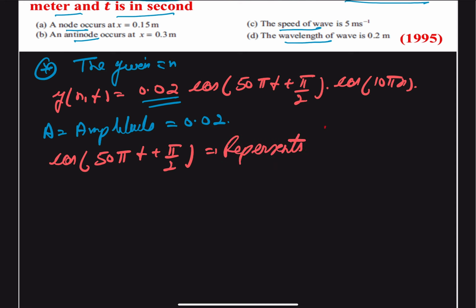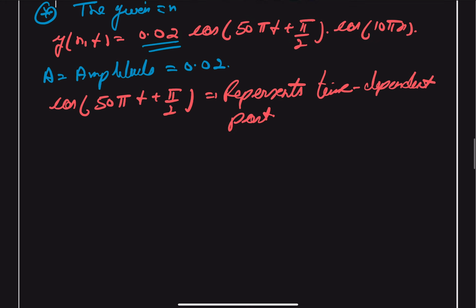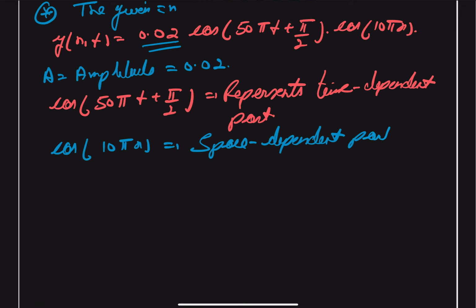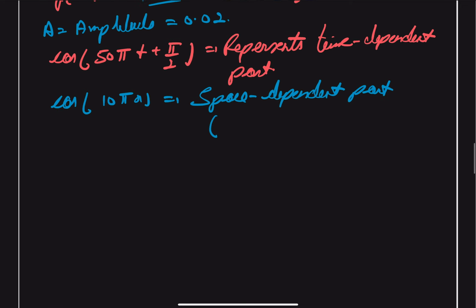And the second part, which is cos of 10 pi x, represents the space dependent part, or sometimes it is also called the spatial part.